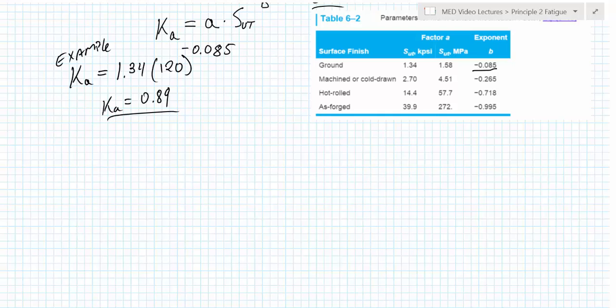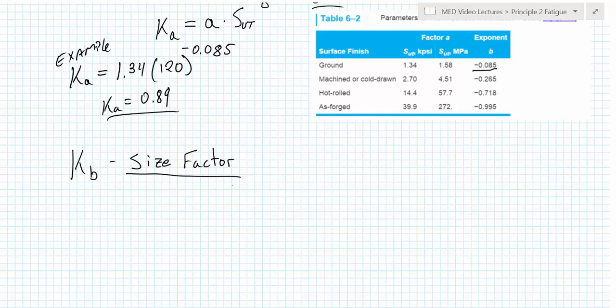The next Marin factor we're going to look at is the size factor, Kb. The size factor accounts for the fact that our test specimen in the R.R. Moore test stand was one exact size, and how well a part carries load depends on its thickness.